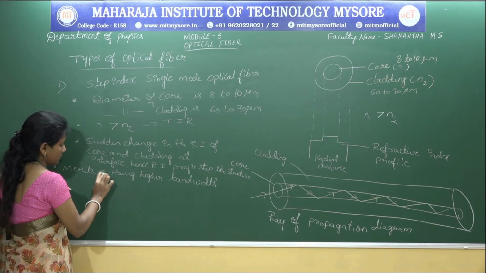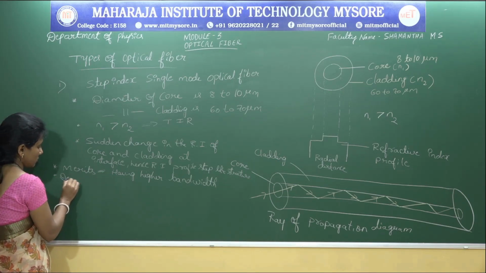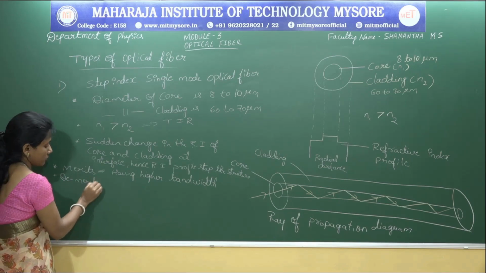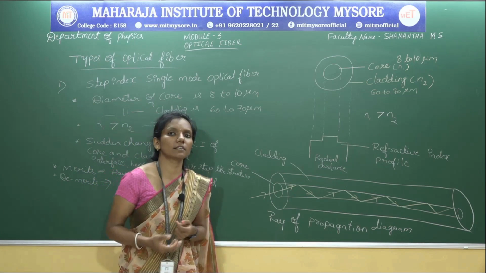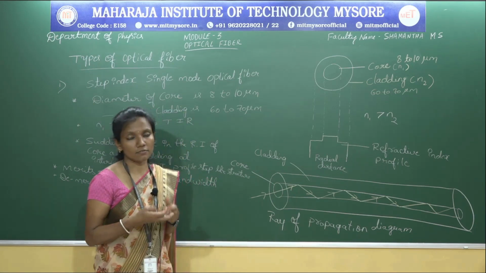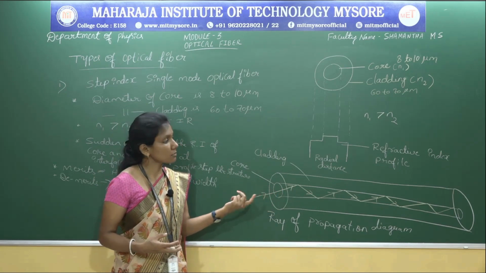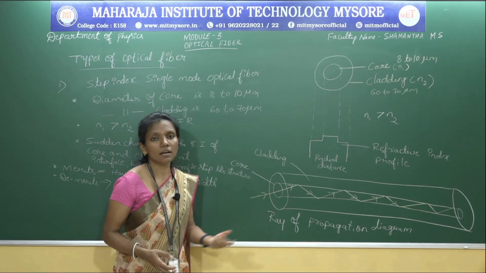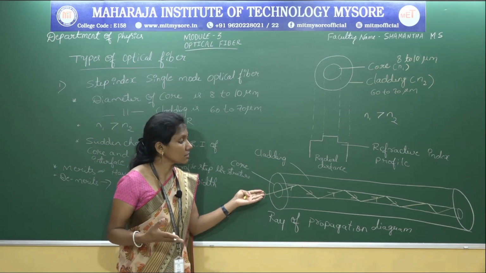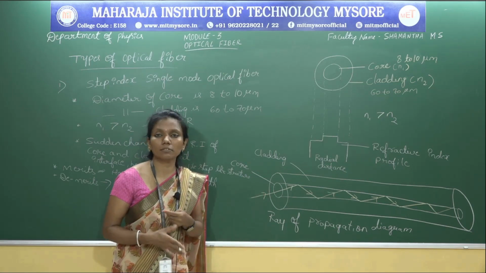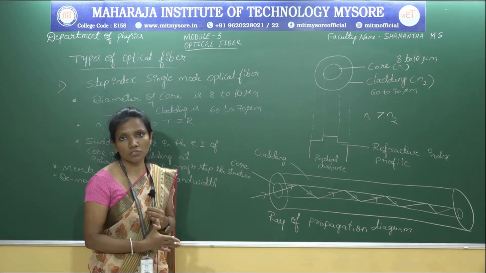But what are the demerits of this optical fiber? It is very difficult for joining, that is, for splicing. Splicing is very difficult because if something damages the parts, then we can't join the parts and it won't work with that efficiency.